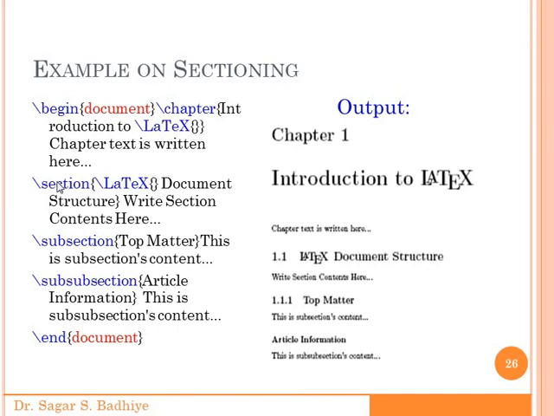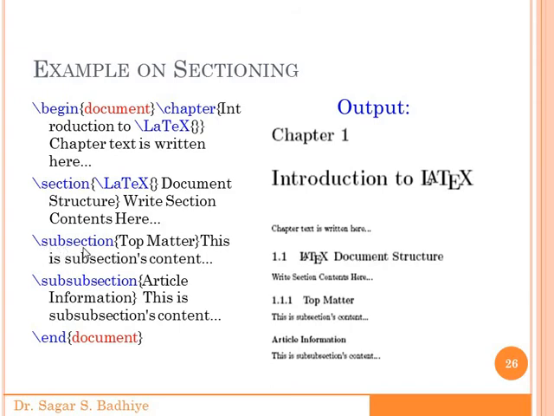Then after chapter we'll start with sections. So for the first section, \section, whatever is written within this will be the part of the first section. I am writing LaTeX document structure, so this will be the heading of the first section, and we write the section content after that.